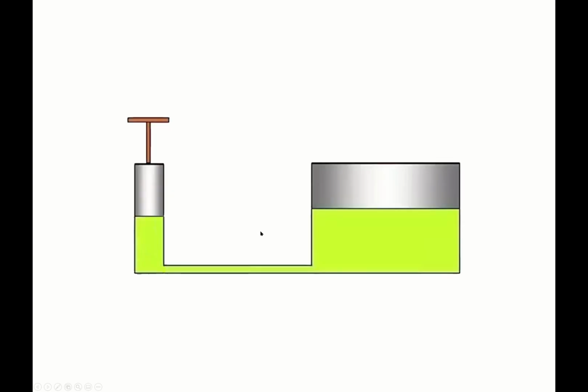So we're going to start with this example here. As mentioned, in here is oil. Now, if I exert a force F1 on this cross-sectional area A1, and if I have a load here, it's going to push up with a force F2, and the cross-sectional area is A2.